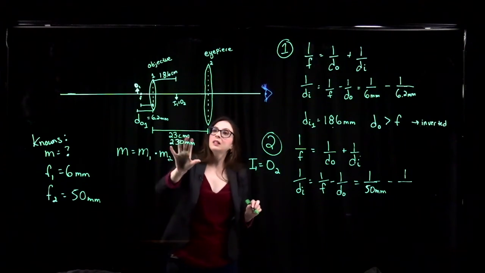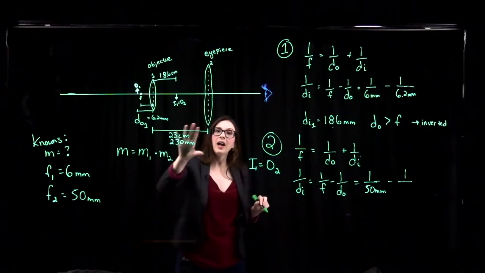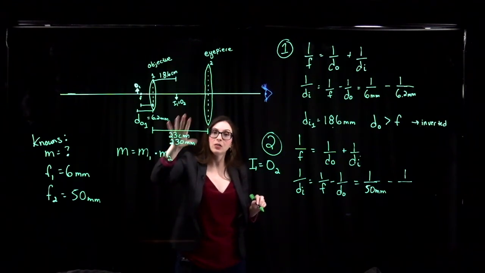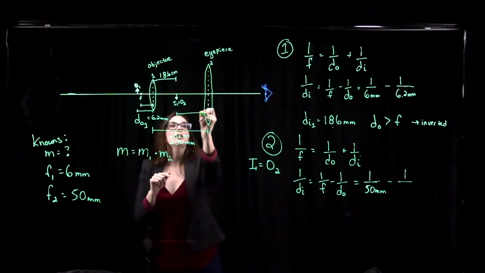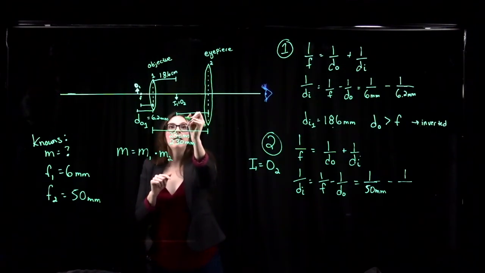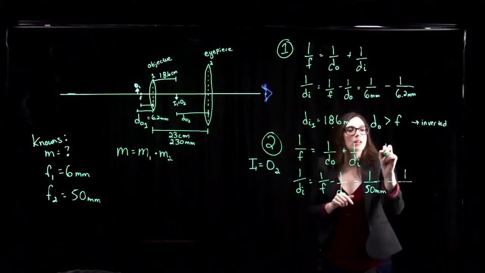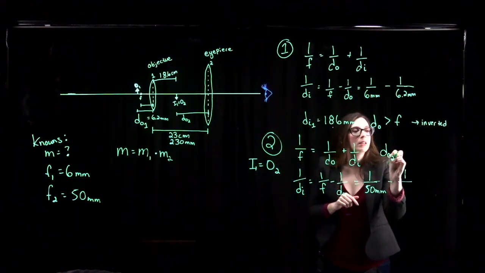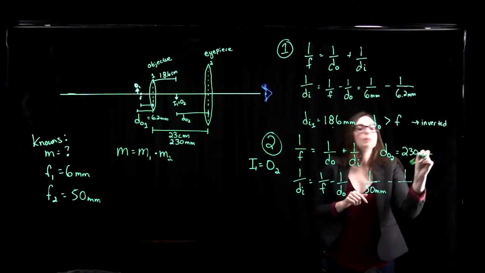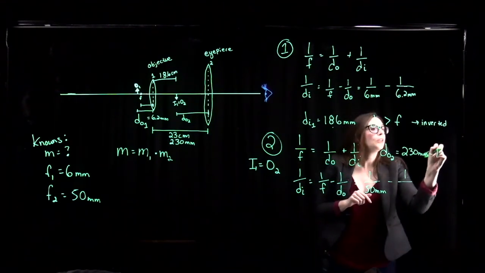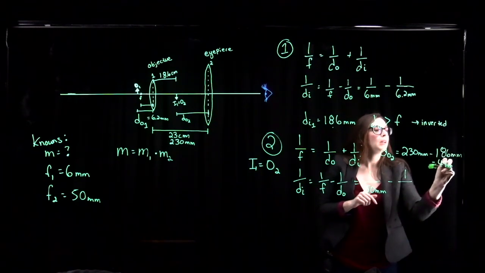So to find the distance that my object is away from my second lens, I have to take 230 millimeters minus 186 millimeters to get this distance right here, which I will call dO2. So dO2 is equal to 230 millimeters minus 186 millimeters, and that equals 44 millimeters.